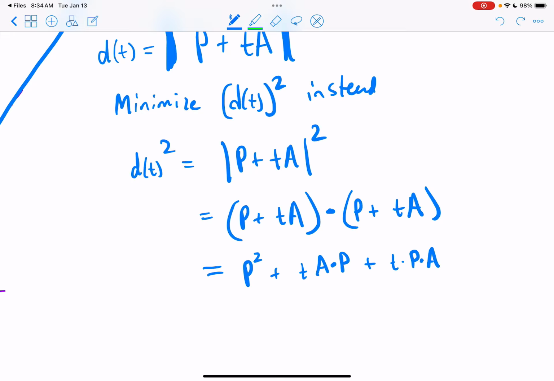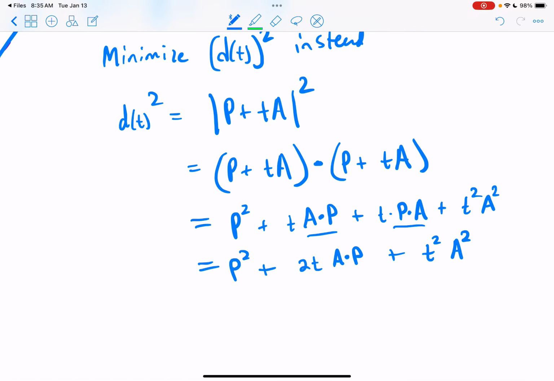And then finally, the last term is plus t squared a dot a, or a squared. Let's combine these so we get p squared plus 2t a dot p plus t squared a dot a. So this is a number, this is a number, this is a number.